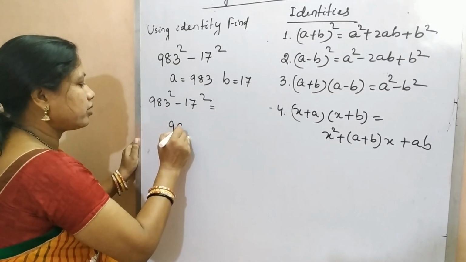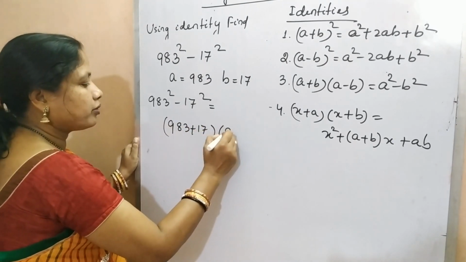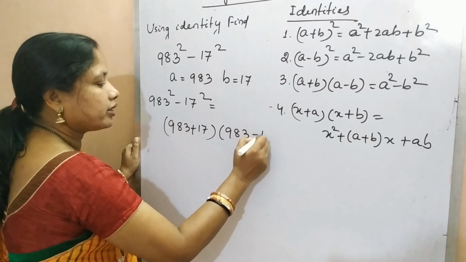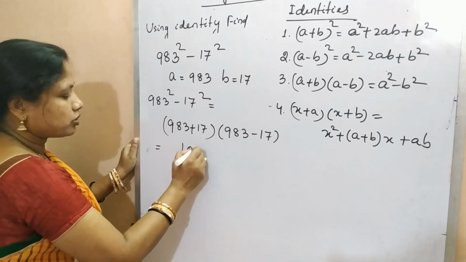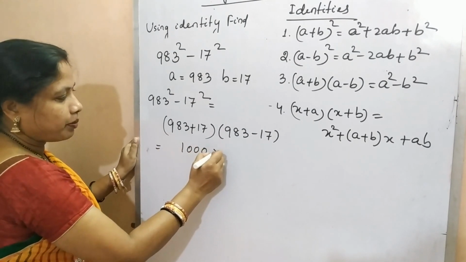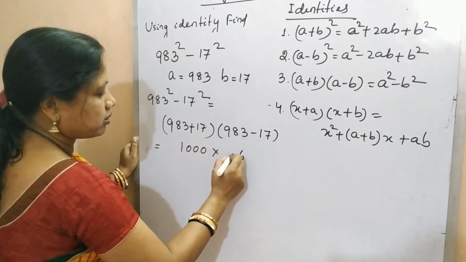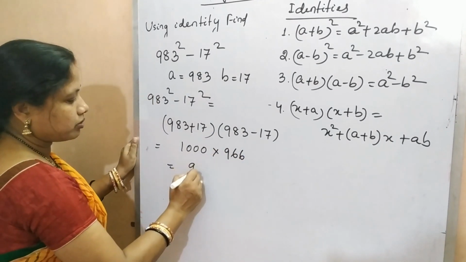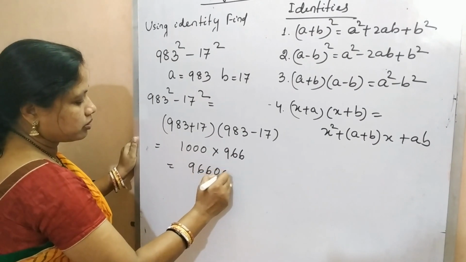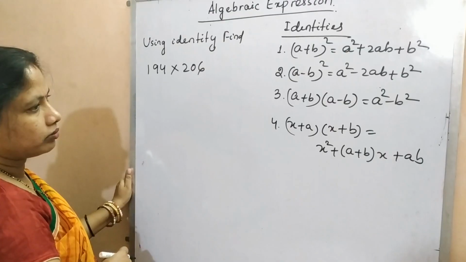So 983 plus 17 multiplied with 983 minus 17. So this is equal to 1000 multiplied with 966, which is 966000. So we can find it by using identity.